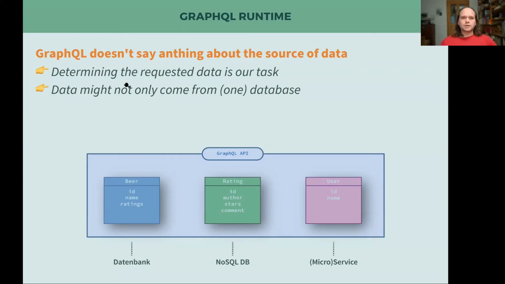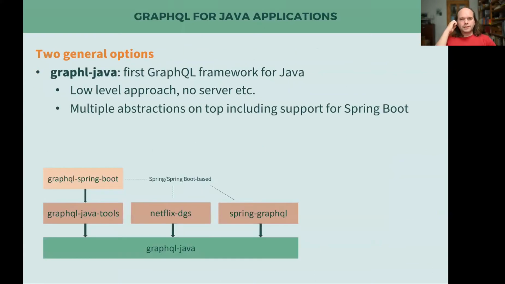So back to our talk, GraphQL doesn't say anything about where the data comes from. It's just an API, like with REST maybe, where REST also doesn't care about where your data comes from. And when we're building GraphQL applications for Java, we have two general options. The first one is GraphQL Java and related projects.